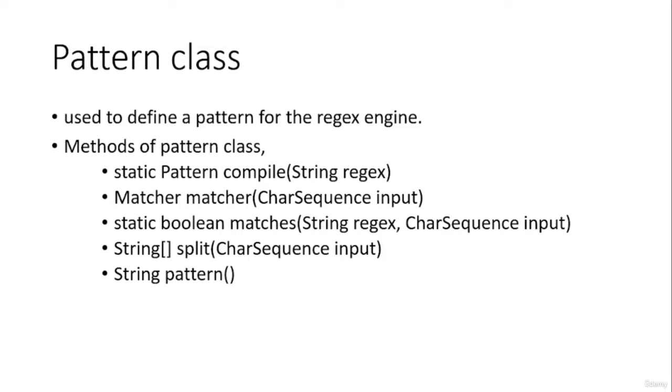Each of these methods does its specific functionality. For example, pattern will return a particular pattern, and split will split the string based on the regular expression you have supplied. Matcher is used to match a particular string with the pattern we are supplying. So that's about the Pattern class.